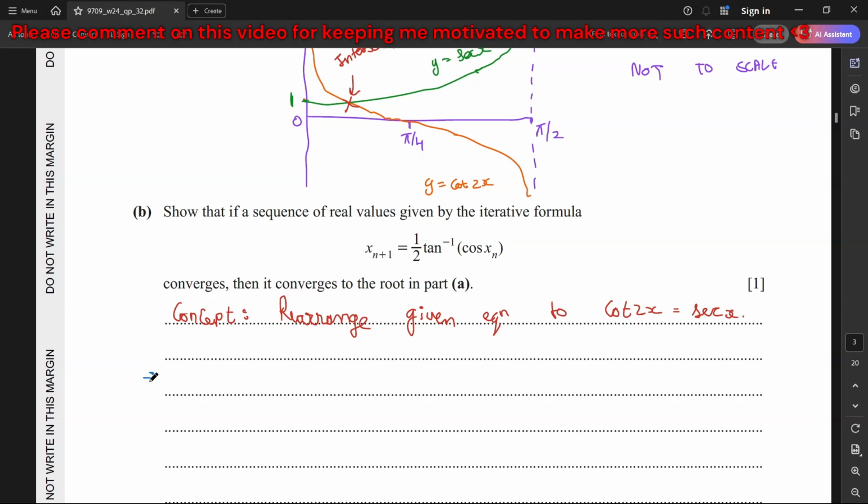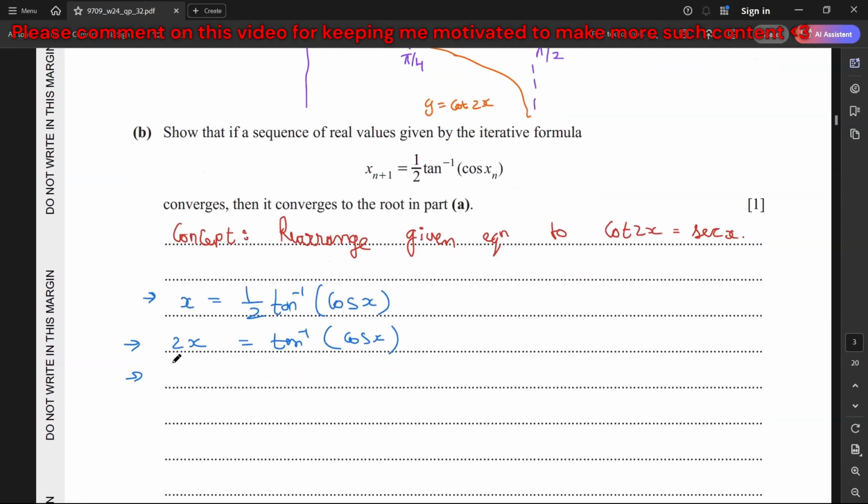The first thing is I can say that this equation is x is equal to half tan inverse of cos x. So now this can be written as 2x is equal to tan inverse of cos x. And now I can take tan on both the sides, so that it's going to become tan 2x is equal to cos x.